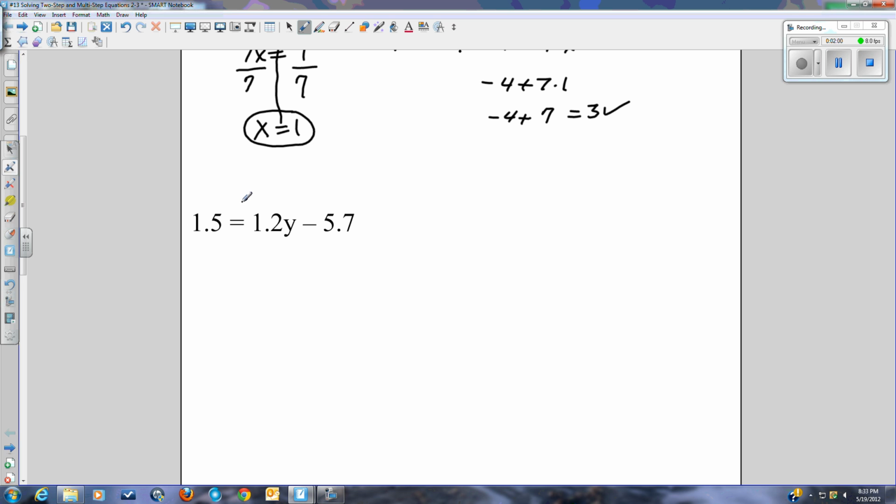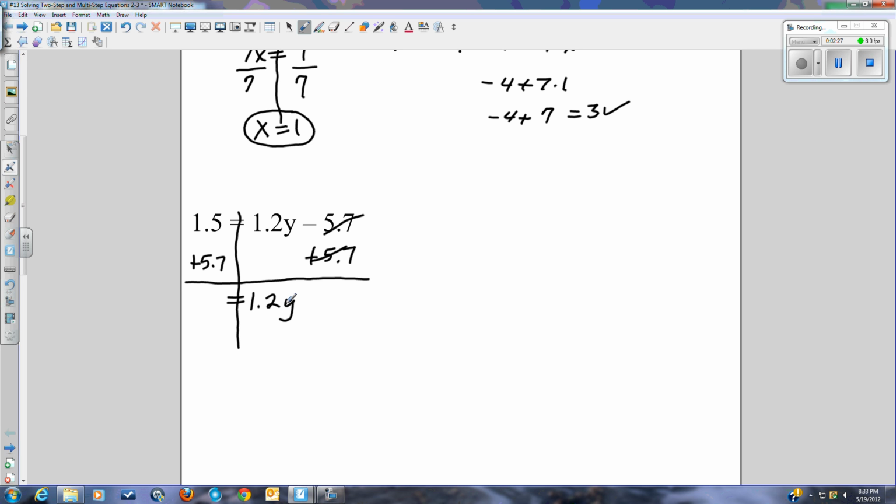So next we have 1.5 equals 1.2y minus 5.7. Draw our line. We want to get y alone. Do any addition and subtraction first. 5.7 is being subtracted, so the opposite is adding 5.7 to each side. If we do that, the 5.7's cancel, and on the right we're left with 1.2y.